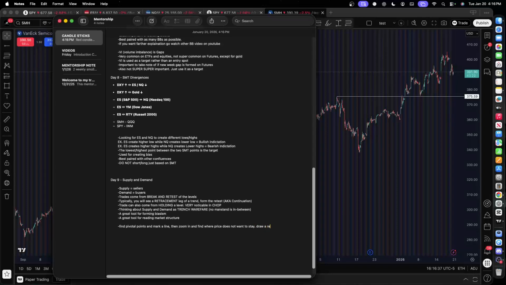Draw the box. Start on higher time frames and work your way down. Higher time frames have more importance.